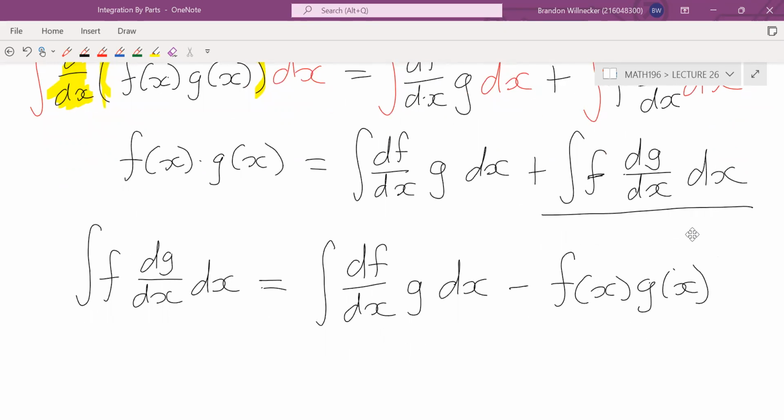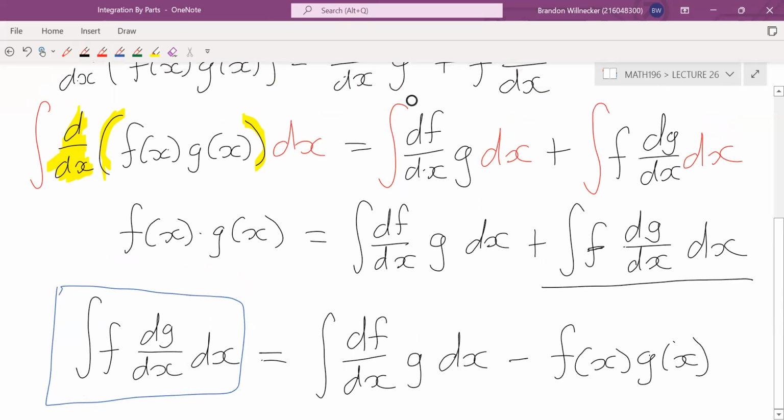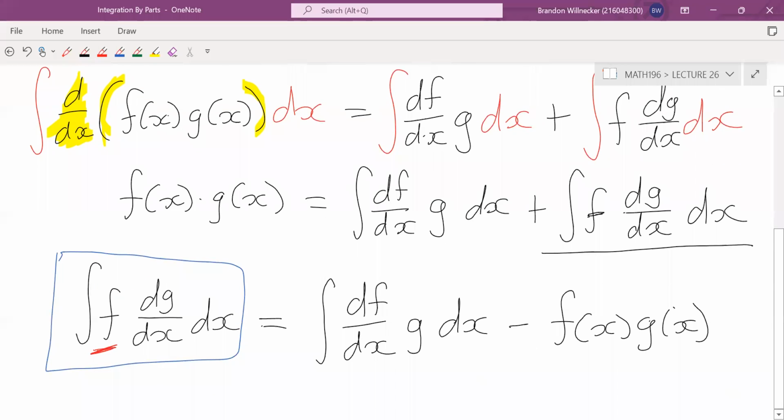So if we have something like this on the left-hand side, we have a product of f and the derivative of g, and we're trying to integrate that. On the right-hand side, the derivative now goes on f.